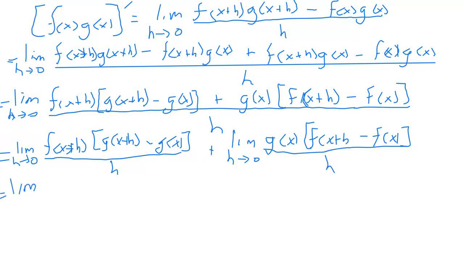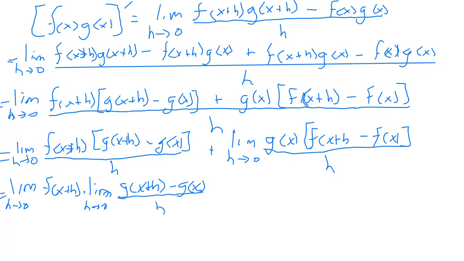Put this as one limit. As you can see, the f of x plus h is multiplying everything. Put it as one limit, and then put the next part. This is a times. The next part right here, you should be able to figure out which limit that is. This is now g of x plus h minus g of x over h, plus, split this one again, limit h to 0.